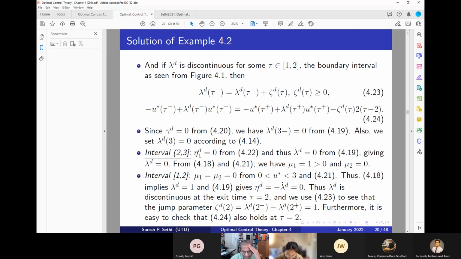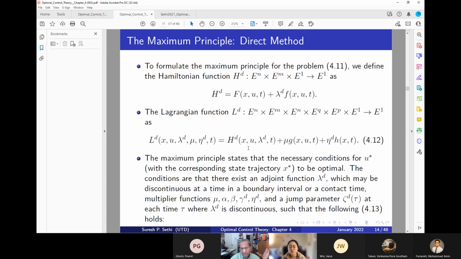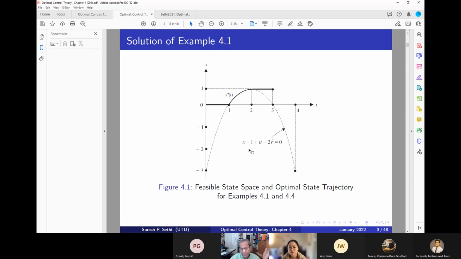And then we have interval 2 to 3. If you look at interval 2 to 3, the whole x is in the interior, right? Just keep the picture in mind. This is 2 to 3, we are in the interior, so the constraint is not active. The constraint is active only along 1 to 2, meaning it's right on the boundary.